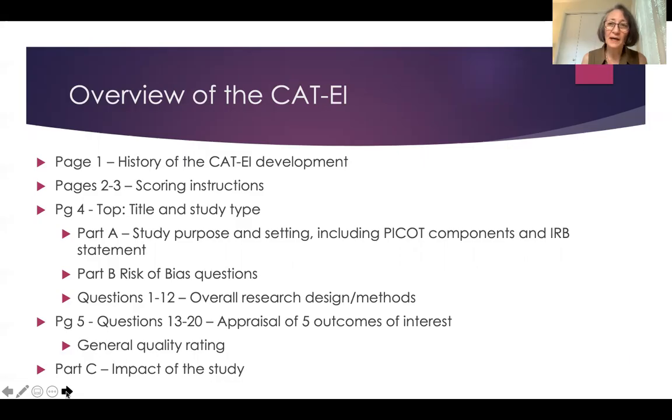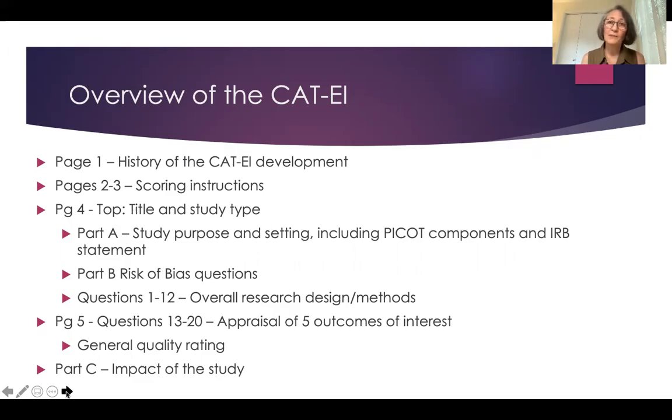Page 5 at the top continues with questions 13 through 20, but these are specific to the outcomes of interest. And you'll see at the very top of the page, you can identify up to 5 specific outcomes and the actual tools that are used. And then those numbered outcomes should align with your numbered columns in your assessment.